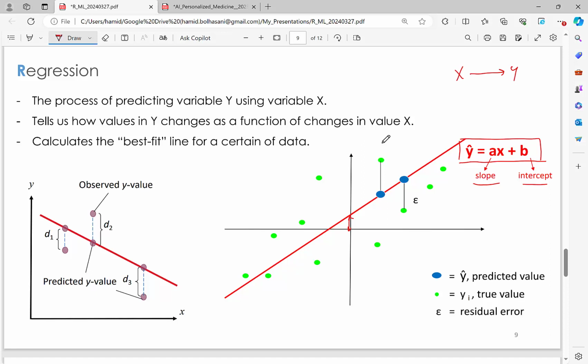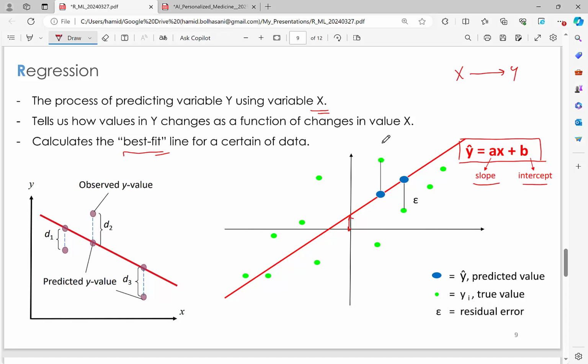So the process of predicting variable y using variable x is finding this red line, which tells us how values in y change as a function of change in value x, and calculating the best fit line for a certain set of data.